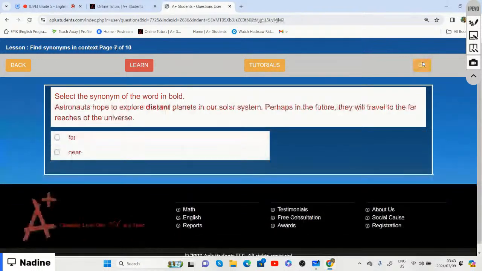Astronauts hope to explore distant planets in our solar system.